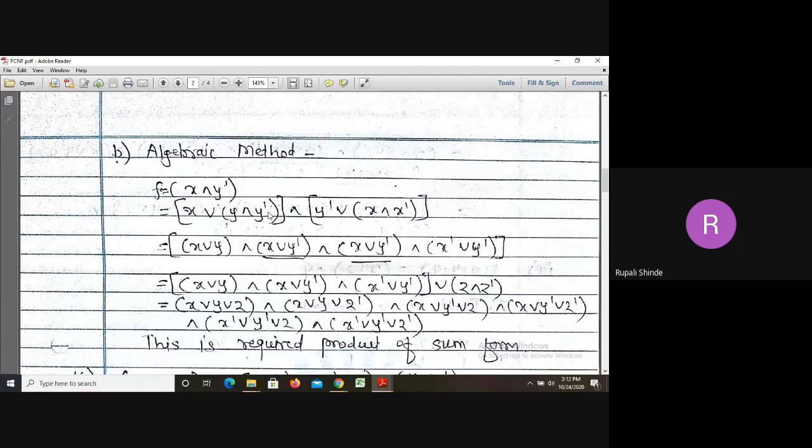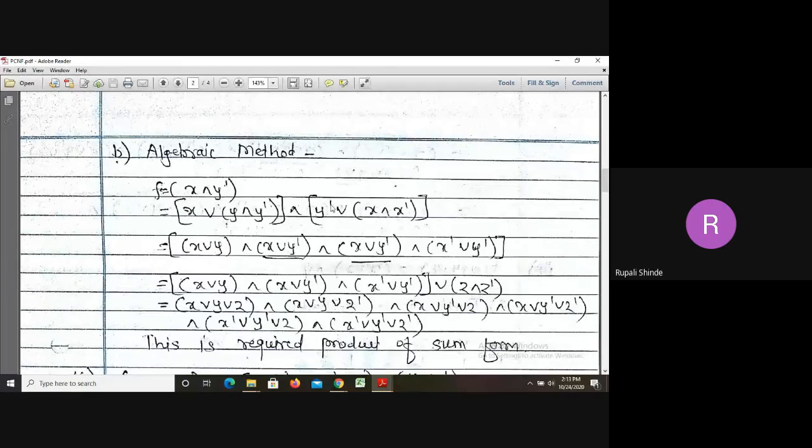Meaning of both the terms is same. You can use either combination. So here x OR y is one bracket, and x OR y's complement is another bracket after applying distributive law. Okay, and this symbol is written here.